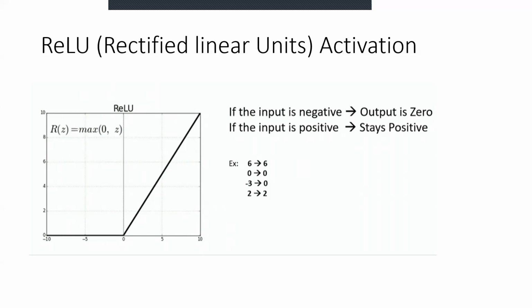Suppose in the case of a pixel image, each pixel of an image has a value that lies between 0 to 255, and when I pass this through the neural network, if my value comes out negative, right? So my negative will give a blurred image, and I don't want that blurred image.